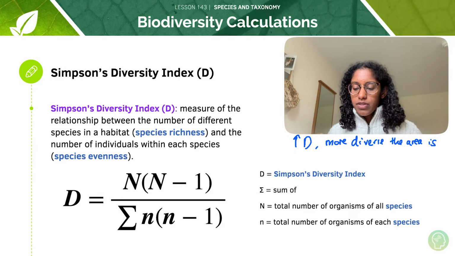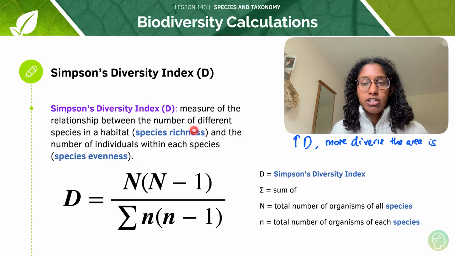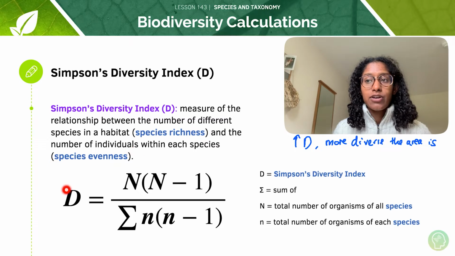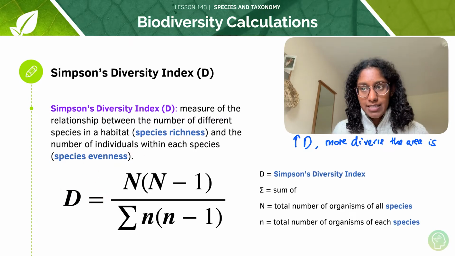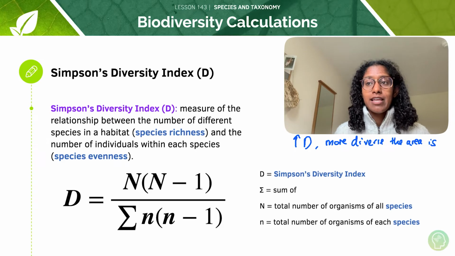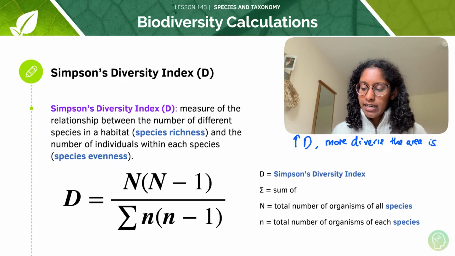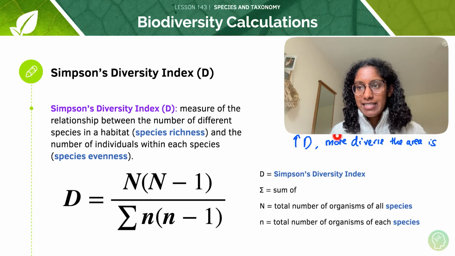This is a really important equation because we're using both species richness and species evenness to calculate the diversity index. So this takes into account the population size of each species as well as the number of species themselves within an area. So the higher the diversity index number, the more diverse the area is.